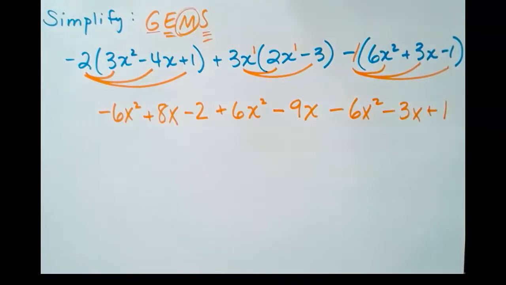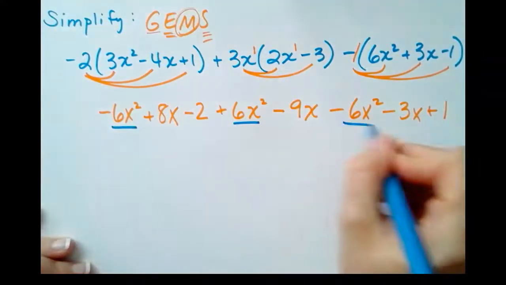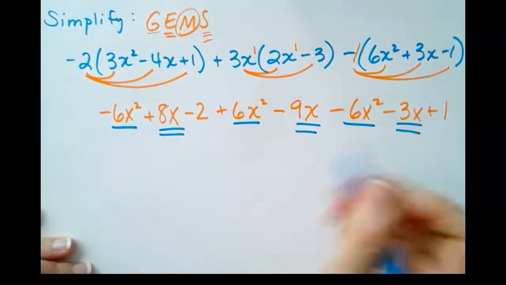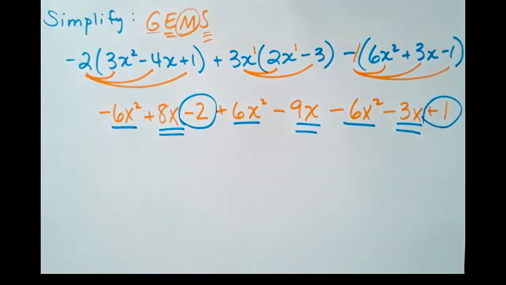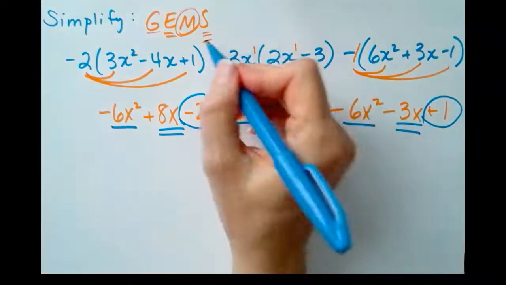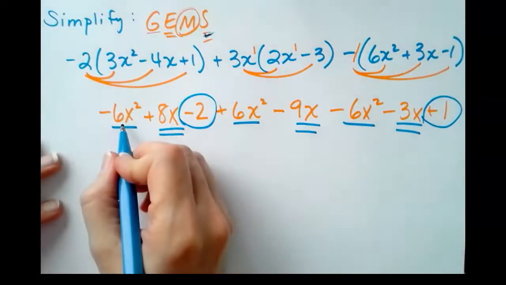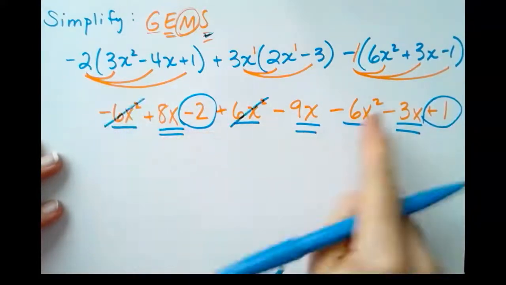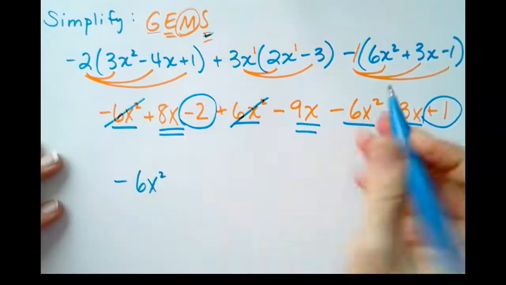Let's do this one horizontally. Let's find the like terms. So here's an x squared, here's an x squared, here's an x squared. There's an x, an x, a constant, and a constant. Let's combine like terms. We're finally doing the S in order of operations. So negative 6x squared and positive 6x squared cancel. But there's still one remaining x squared, so bring it down.